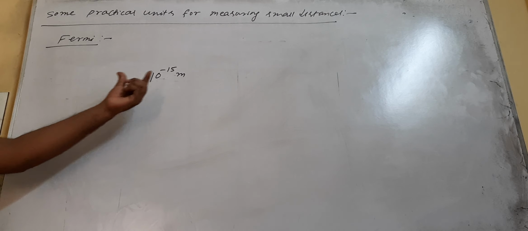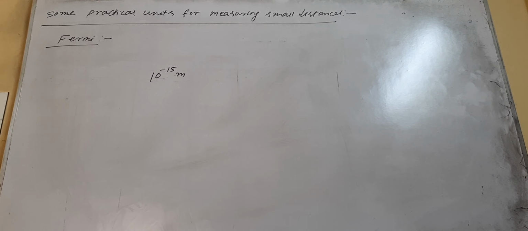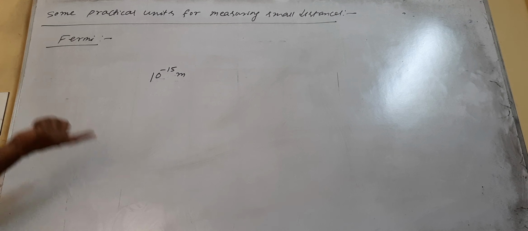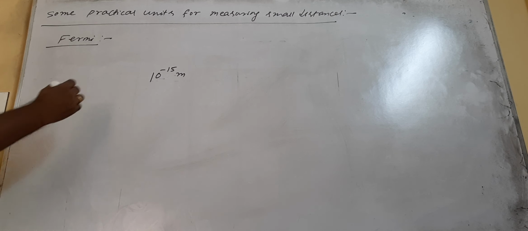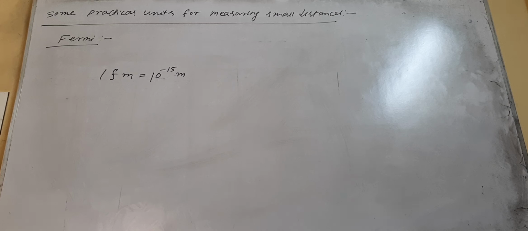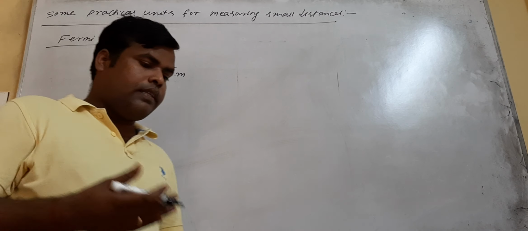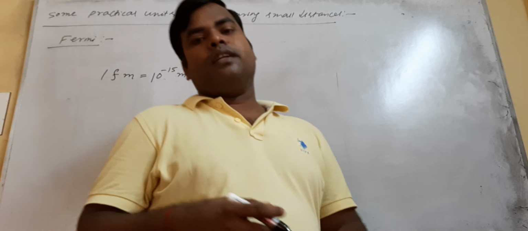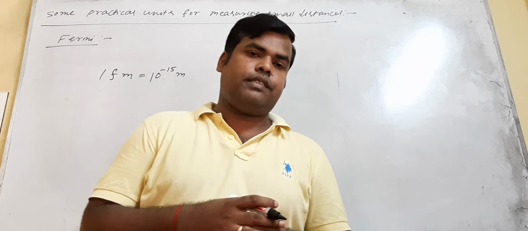Instead, if you say it is Fermi, then it is easy to express. You remember 1 Fermi is 10 to the power minus 15 meter. It is used for the measurement of the size of the nucleus.